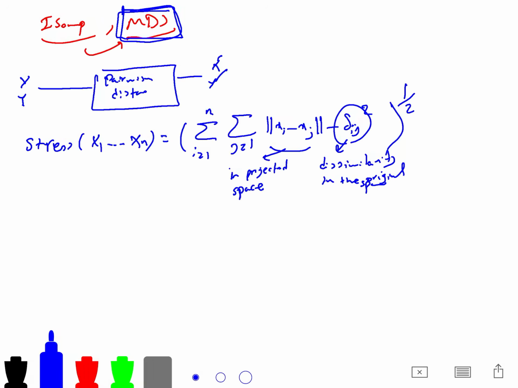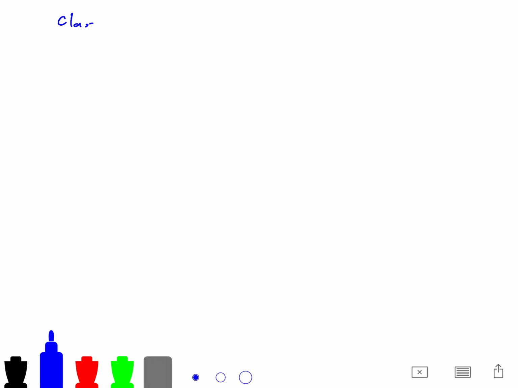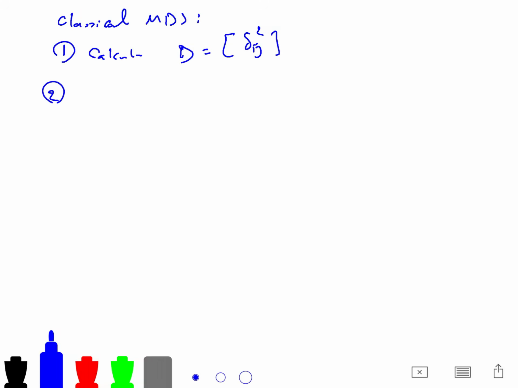So the classical MDS is as follows. First, we calculate the squared distances, delta ij, and then we apply double centering.